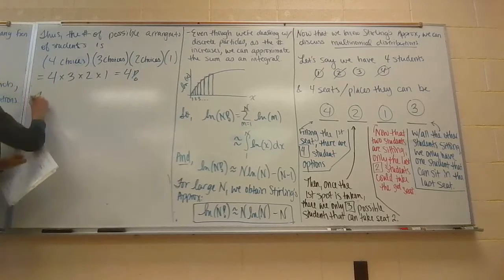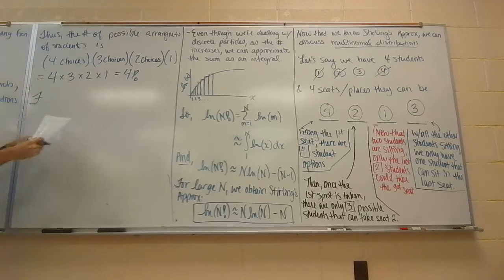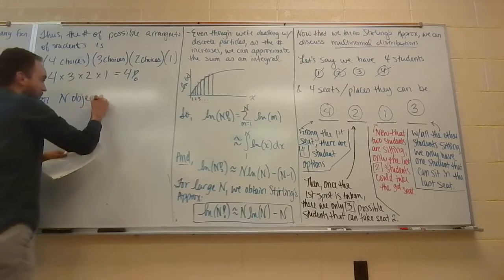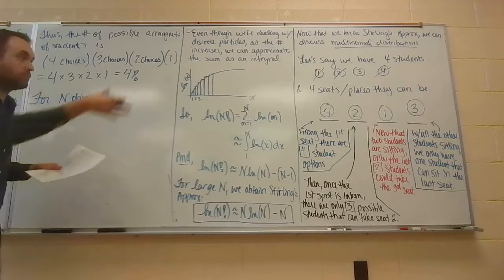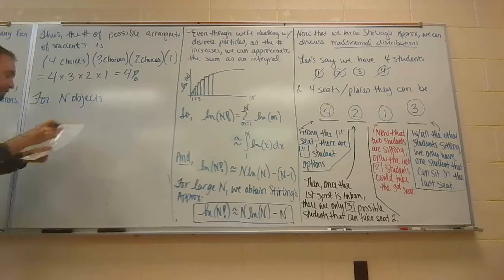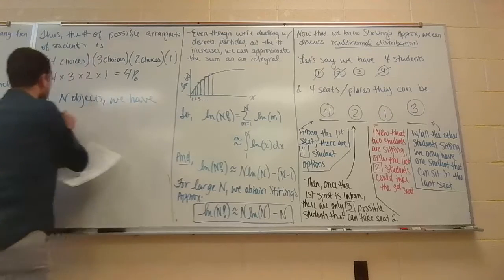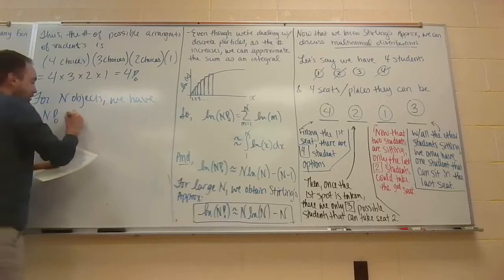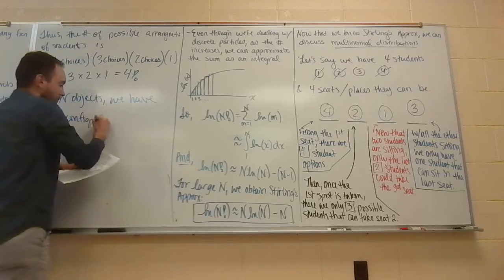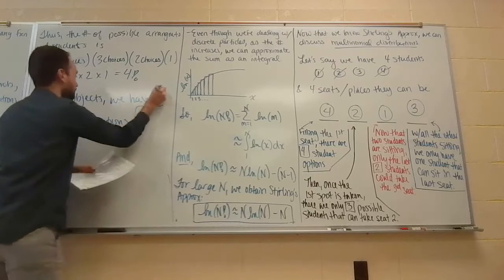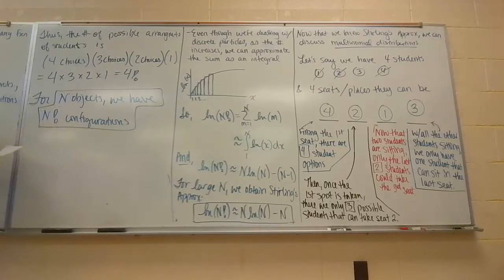Okay? So, thinking back to our example, right? For n objects, that could be particles, molecules, students, okay? For n objects, we are going to have n factorial configurations. All right? Now, let's take things a step further.